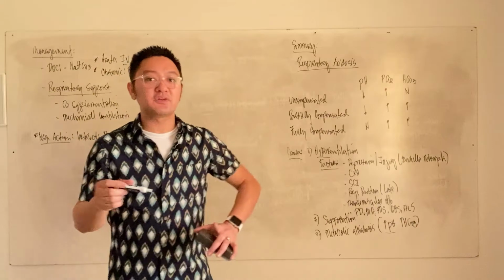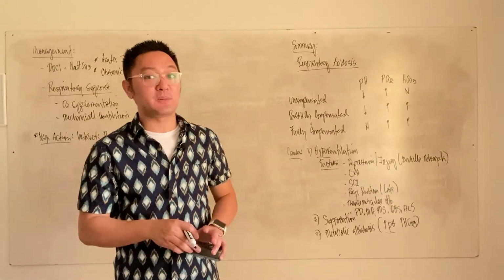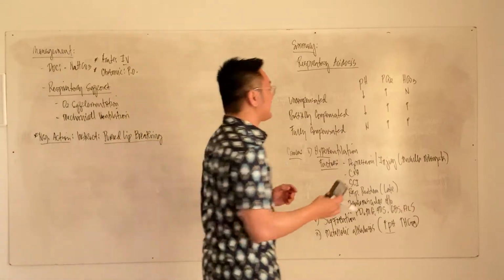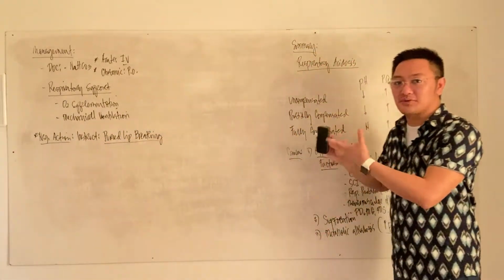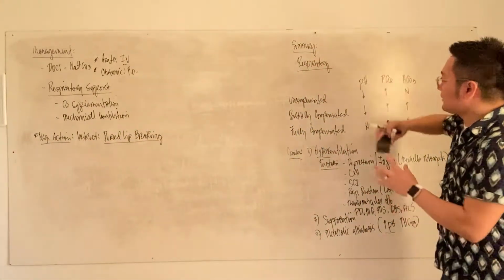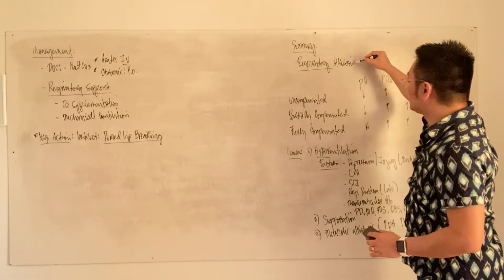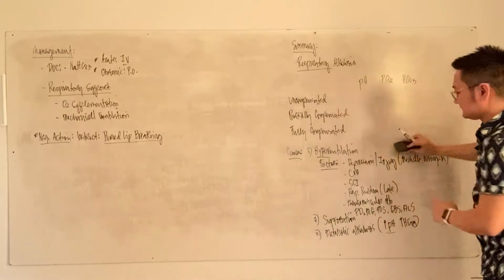The opposite of your respiratory acidosis is your respiratory alkalosis. Let's talk about respiratory alkalosis this time, okay? So please allow me to erase this part. So you will have your respiratory alkalosis, okay?